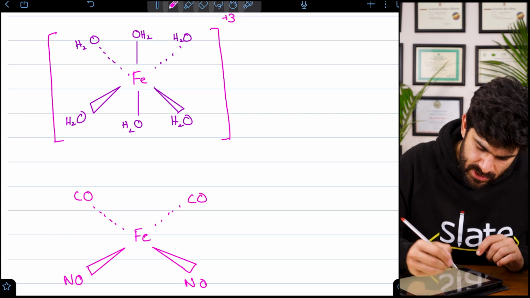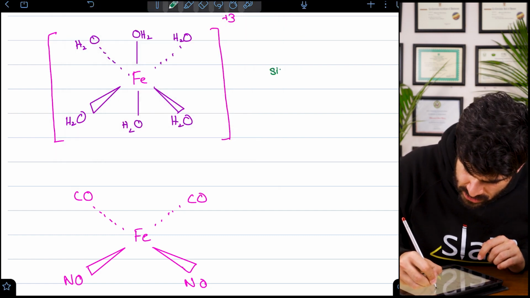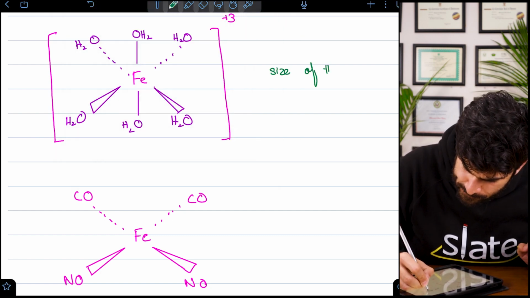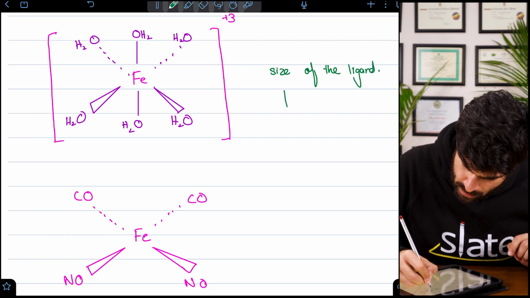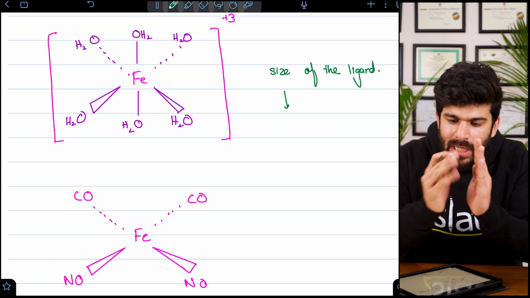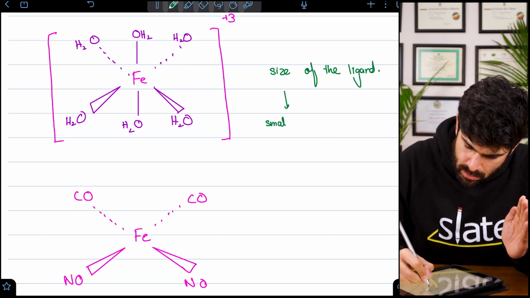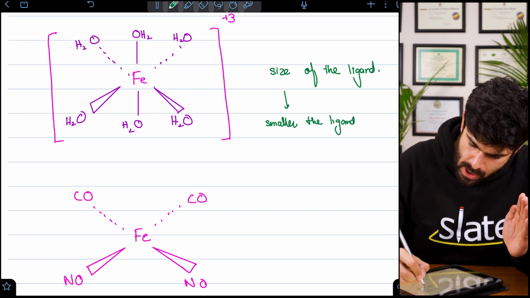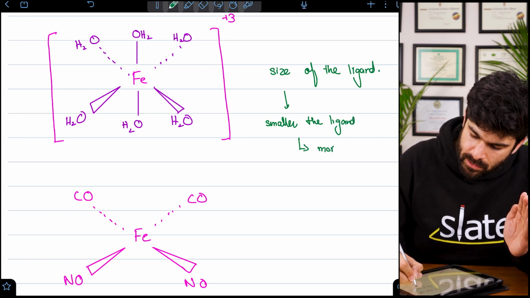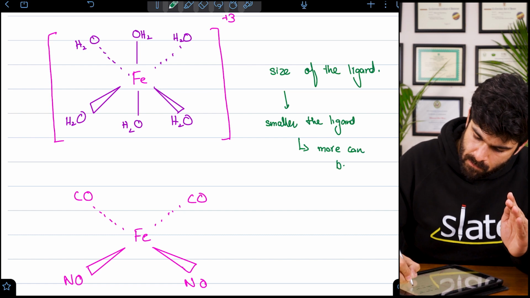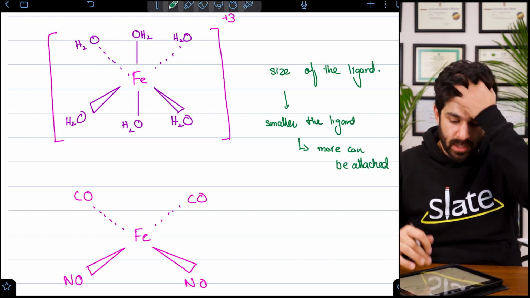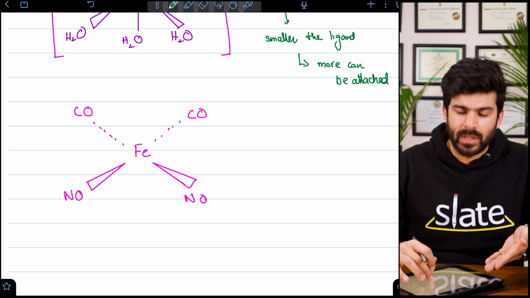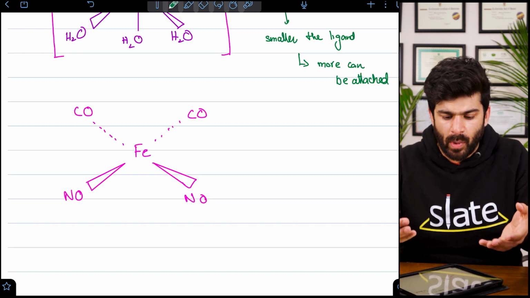The difference is the size of the ligand. Smaller the ligand, more can be attached. And if the ligand is bigger in size, if you look at these ones, C and O, that's a big one.